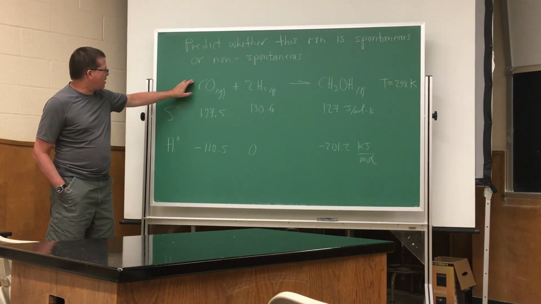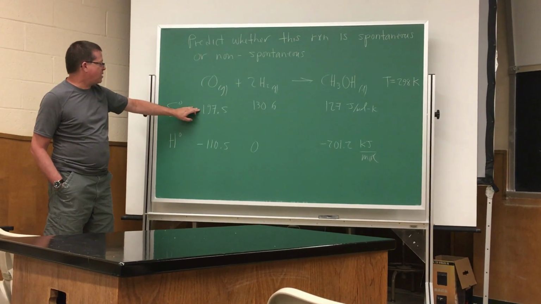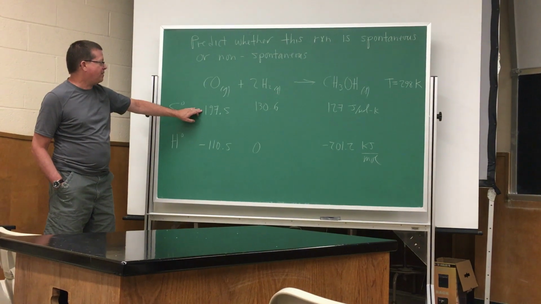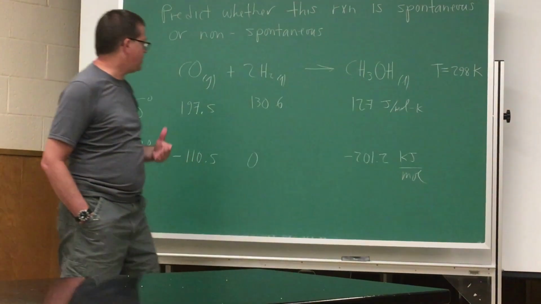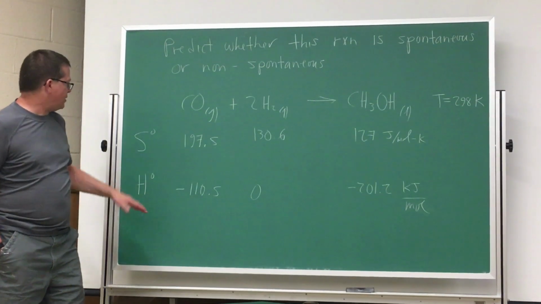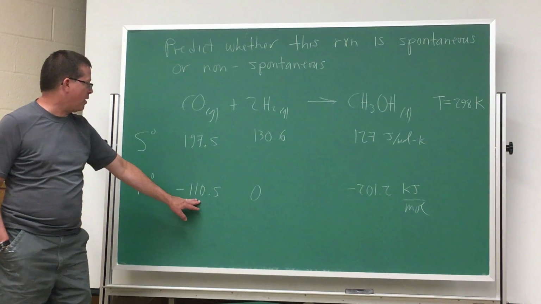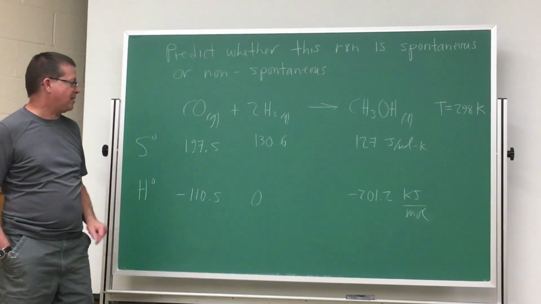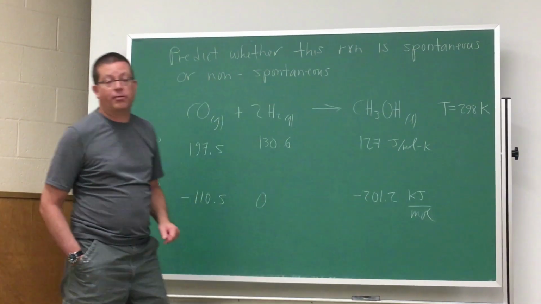For carbon monoxide, for example, the standard entropy at 298 is 197.5, and that's in joules per mole Kelvin for all of my standard entropies. Likewise, if I look up a delta H standard state, that's going to be minus 110.5 for carbon monoxide in the gaseous form, in kilojoules per mole of reaction.